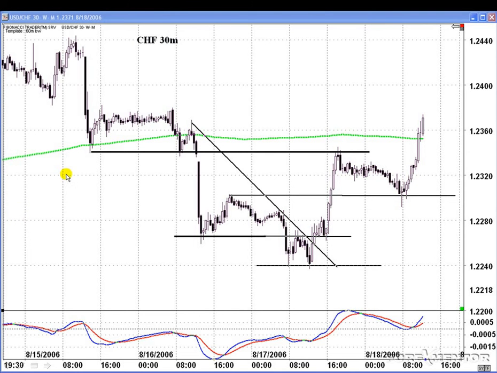A couple of examples. Interestingly enough, we have a low here. Price comes down, tests the low, it reacts, and this reaction is about a 25 pip reaction. Price penetrates the low, moves down, penetrates the low again, comes back, retests and responds.